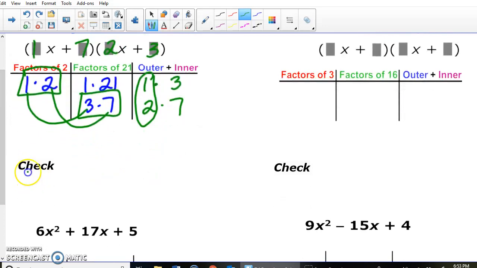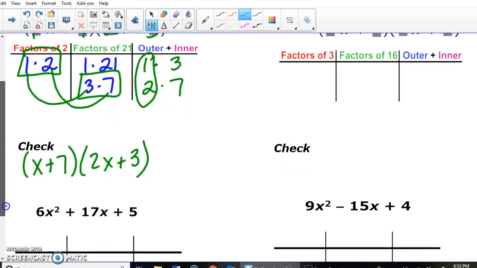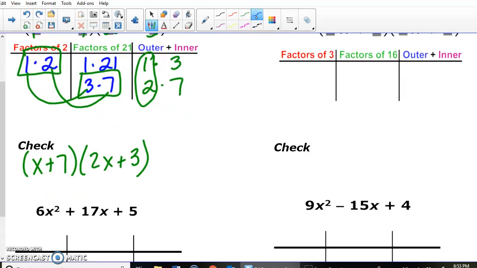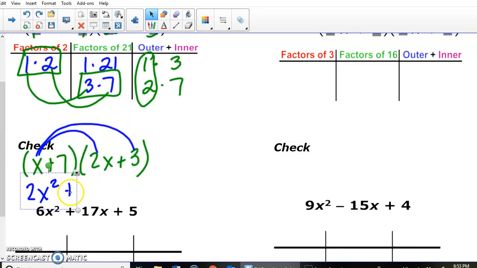Now, we can always check with FOIL, so we should always be able to tell if we did it right or not, especially as you're first getting the hang of this, because it does take a little bit of getting used to. So if I FOIL this out, I'm going to have x times 2x squared. Okay, my outside terms, x times 3 gets me 3x.